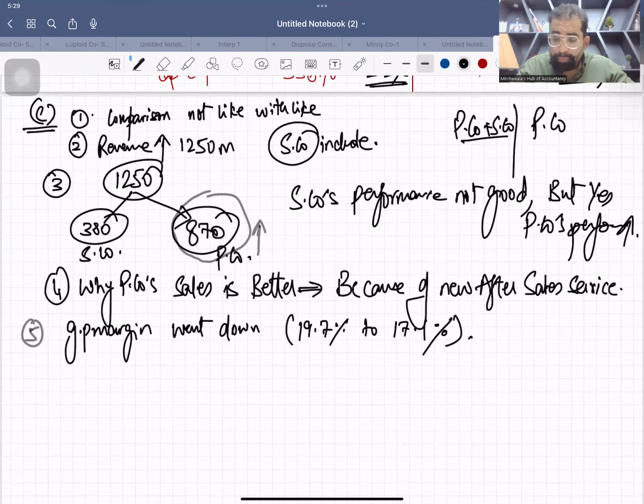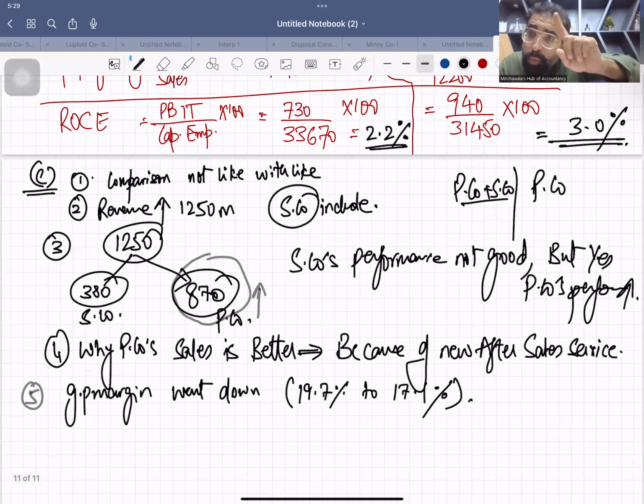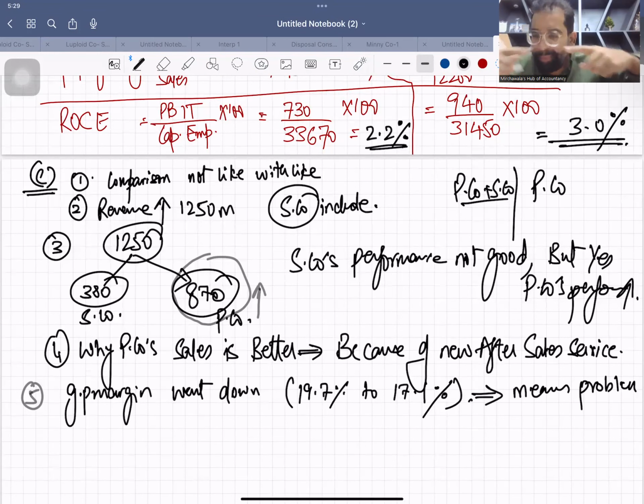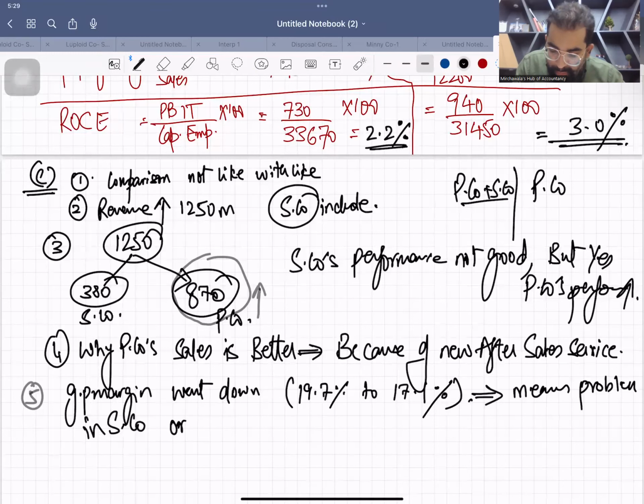So the GP margin is going down, although it is written that the parent company is in high profits, and the parent company's product is profitable. Then why is the GP margin going down? So that means the problem is, I think, in S company, because now in the second year we are using combined figures, so problem in S company or other factors.